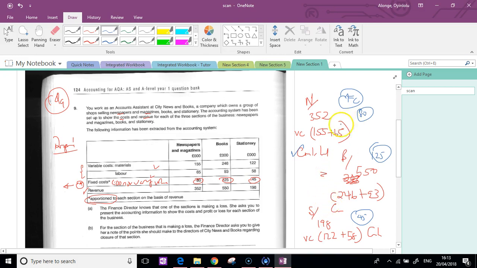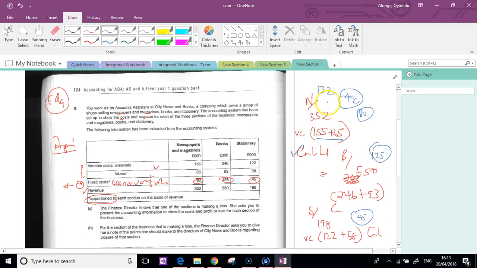So what you want to do first is find what the contribution is. Let's just do it for newspapers. The contribution is 352 minus 155 minus 65. So the contribution is 132.